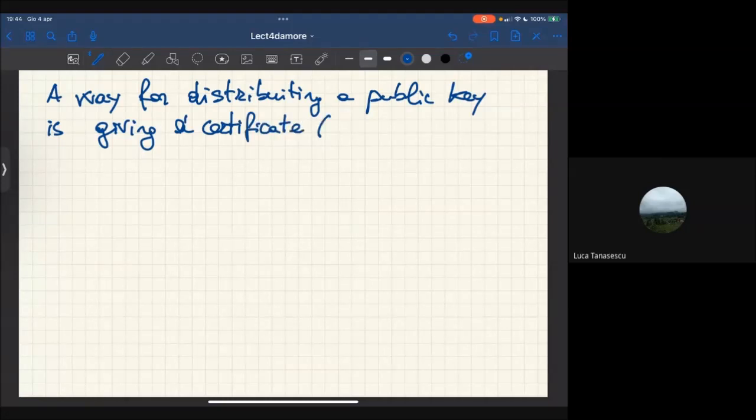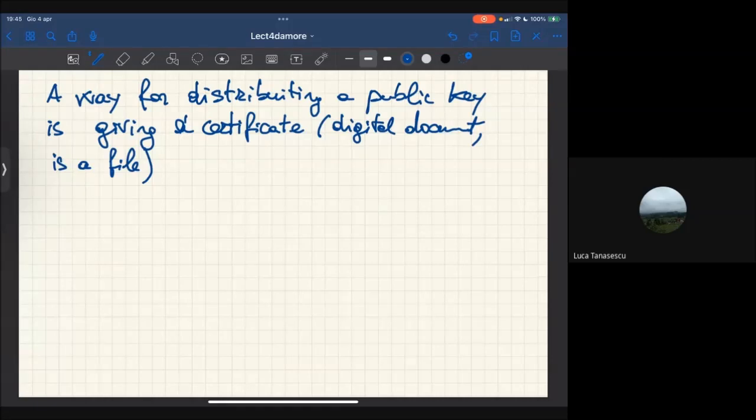Remember, a certificate is a digital document. It appears as a file, of course. And it is containing a public key.